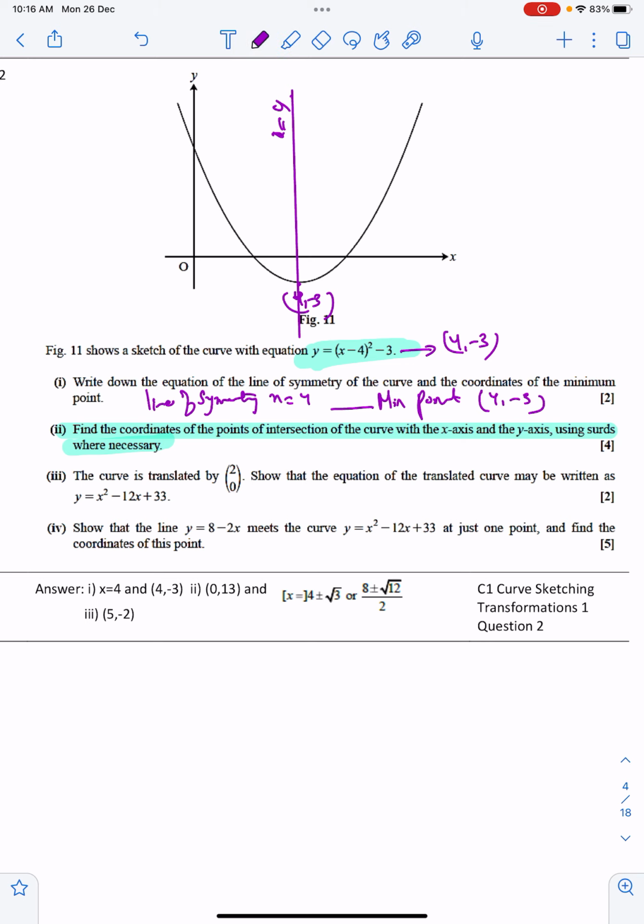Okay, for the y-intercept, we always make x equals 0. Make x equals 0 in the equation of the curve.